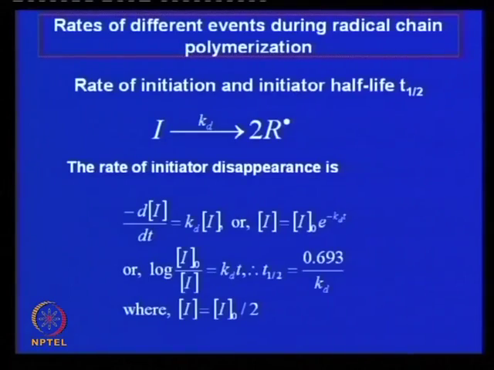A time comes when those bigger macromolecular chain radicals combine or annihilate with each other to form a dead polymer molecule. So, there are events like initiator decomposition, initiation, propagation and termination of the growing chain free radicals.